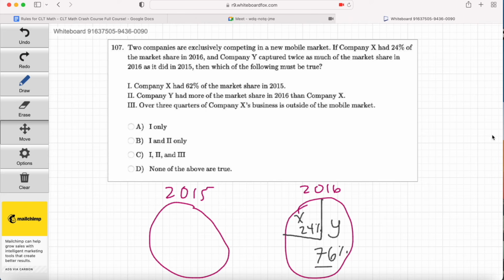Not a ton bigger, but bigger. Do you know what percent it is? 37? I think 37 would be 74%. Oh, so I'm still 2 off. You're 2 off. It's 38.